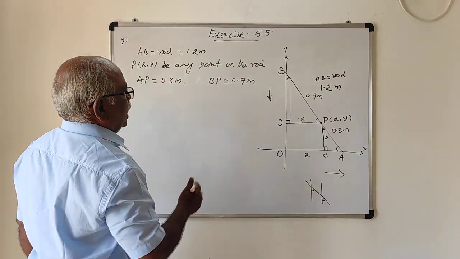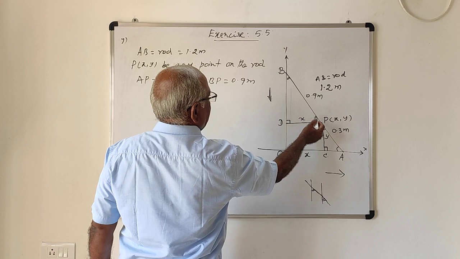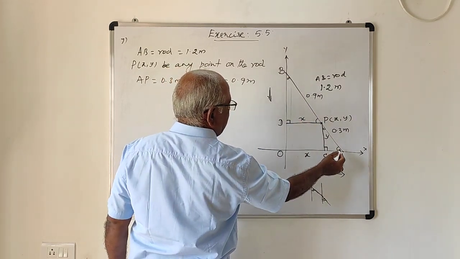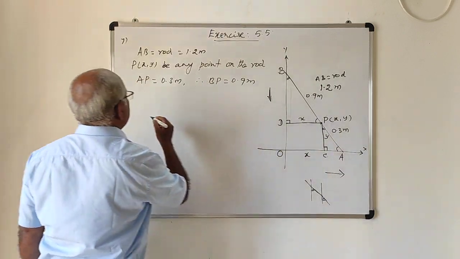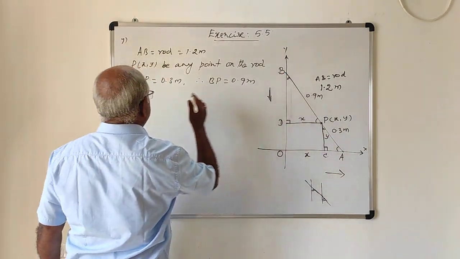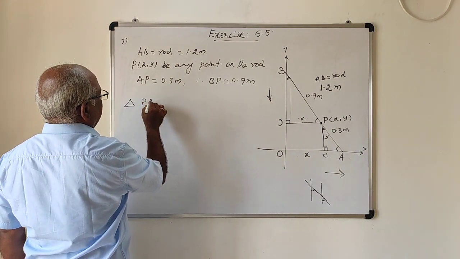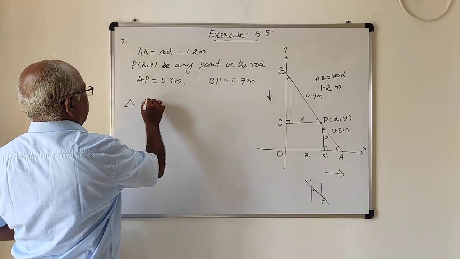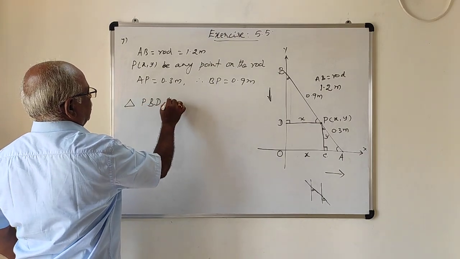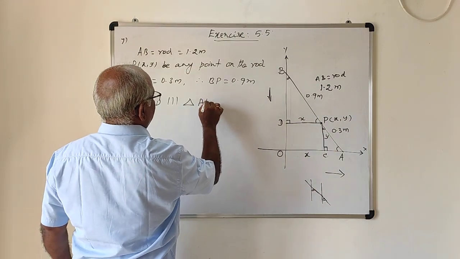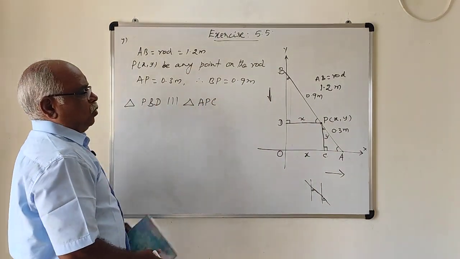Now triangle PBD is similar to triangle APC. Why?